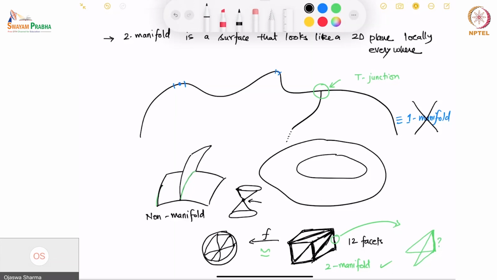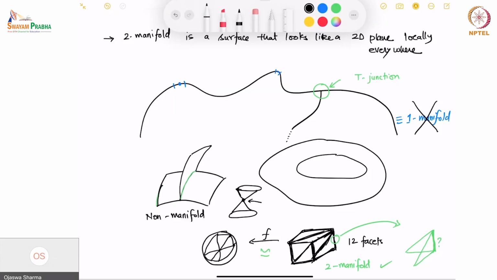So manifoldedness is a topological concept, and anytime you are confused, these creases don't count. So you don't say that it's not differentiable or it has C1 discontinuity, that it's only C naught, to decide whether it is a manifold or non-manifold. No. So you don't decide based on the smoothness.